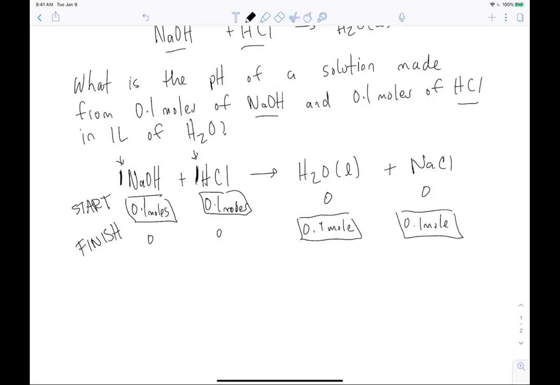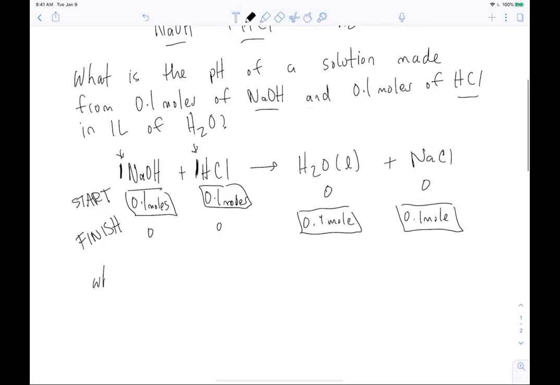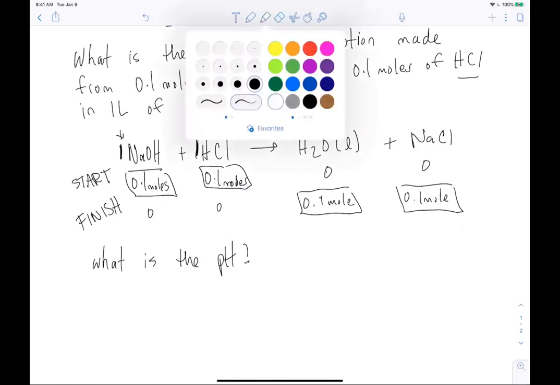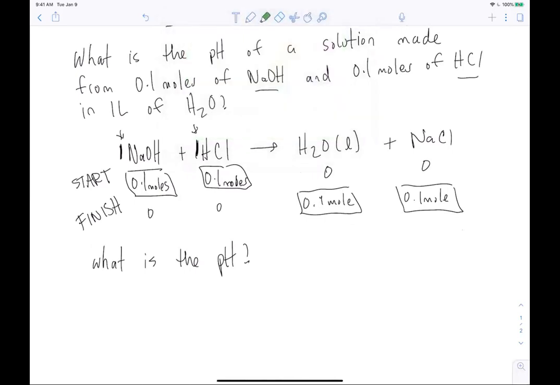So what is our pH? To figure out the pH, now we want to consider how much acid and base we have left over in solution. How much do we have? We have essentially none. How much base do I have? 0. How much acid do I have at the end of the reaction? 0.